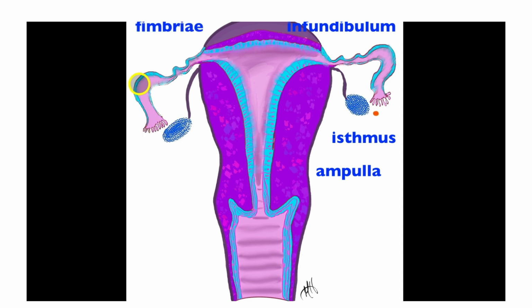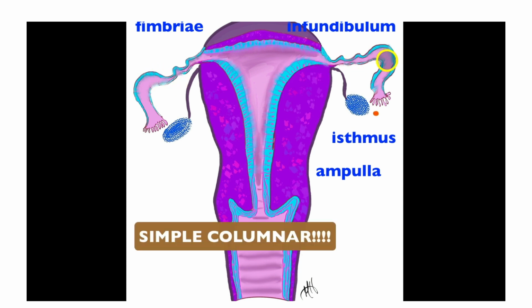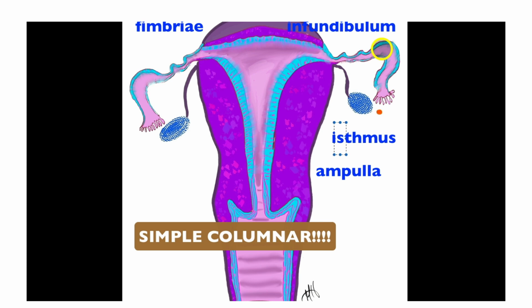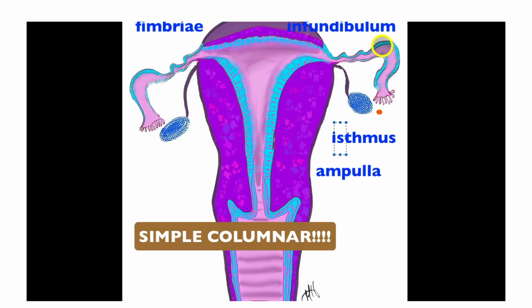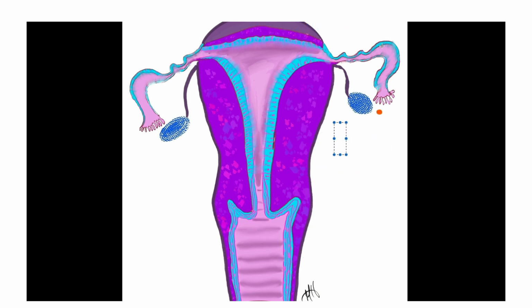The fallopian tube is lined by simple cuboidal epithelial tissue, and it is ciliated. Here are the cilia of the simple cuboidal epithelial cells that line the fallopian tube. The fallopian tube also has smooth muscle lining the wall, and that smooth muscle is going to help the fallopian tube engage in peristaltic wave-like contractions to help propel the fertilized egg back into the uterus, where it will implant on the stratum functionalis.